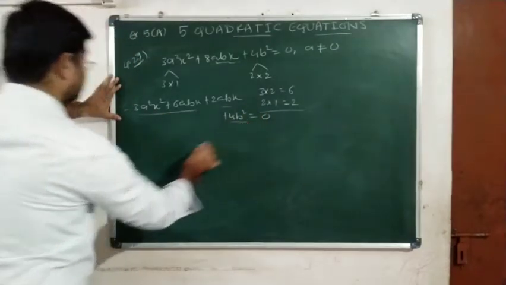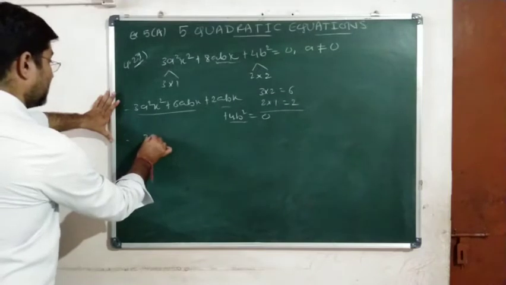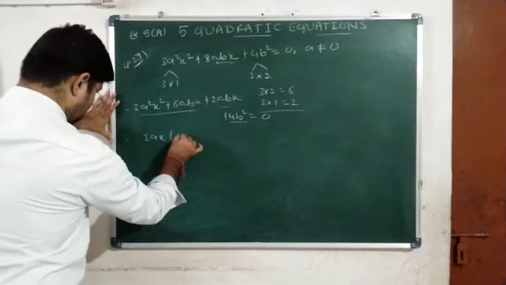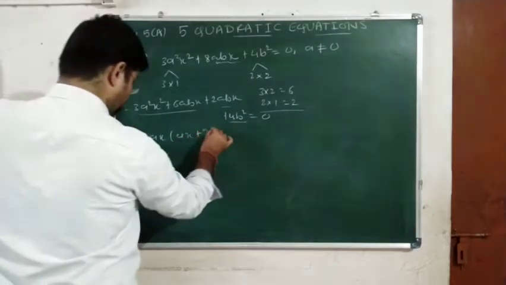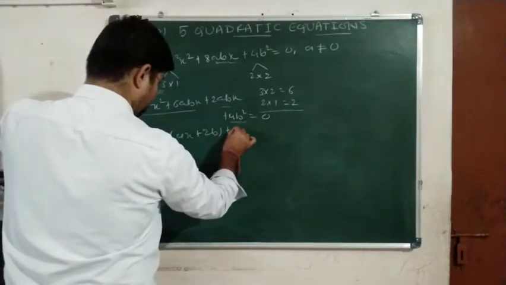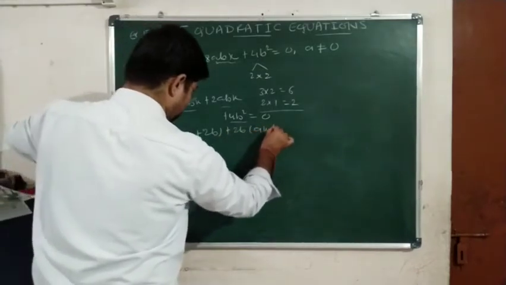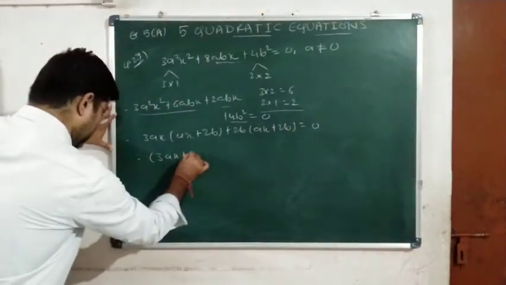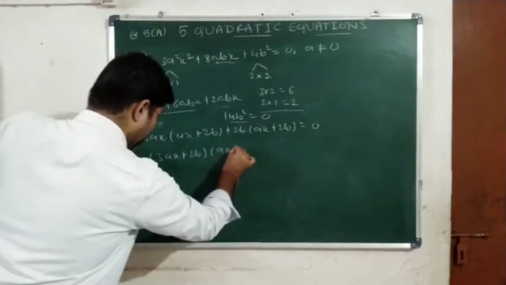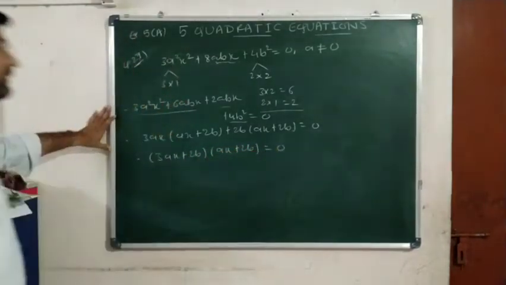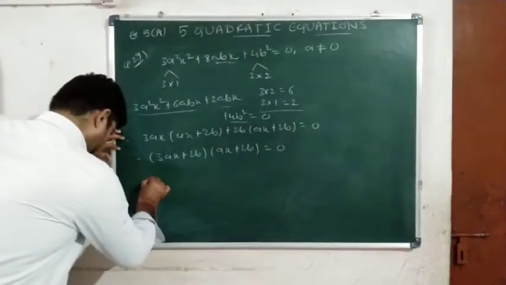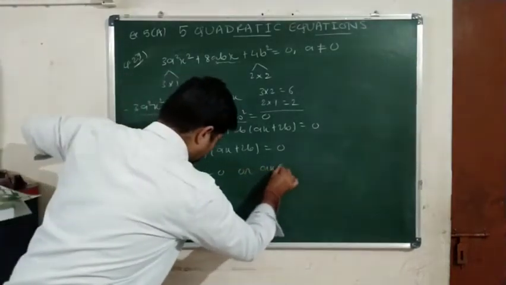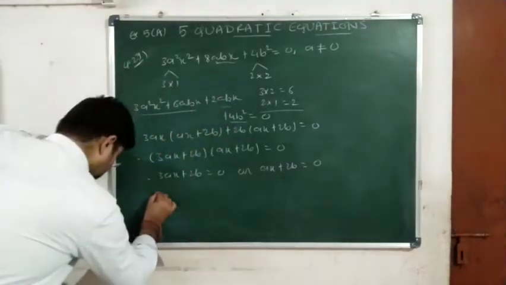Now we can take common. From here 3ax can be taken common. So what is left? ax plus 2b. Plus 2b, if you take common again, ax plus 2b is equal to 0. Therefore (3ax plus 2b) into (ax plus 2b) is equal to 0. Therefore 3ax plus 2b is equal to 0, or ax plus 2b is equal to 0.